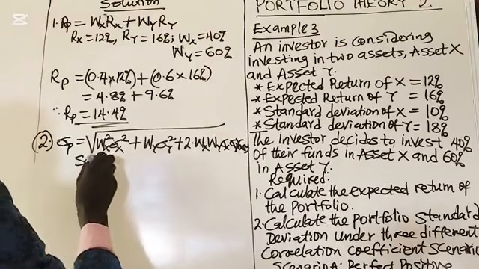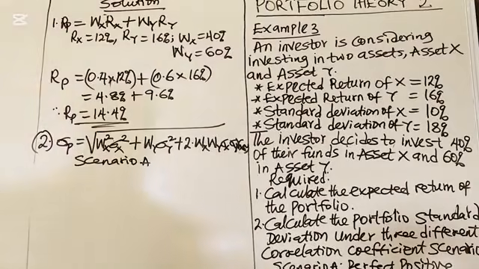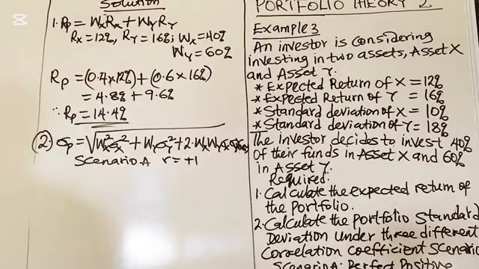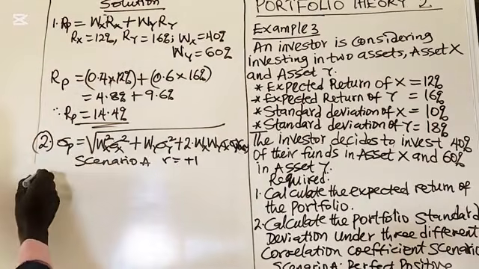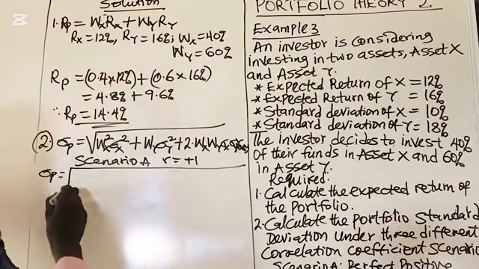For scenario A, where the correlation coefficient equals +1, we substitute into the formula. The standard deviation of the portfolio equals the root of the variance.